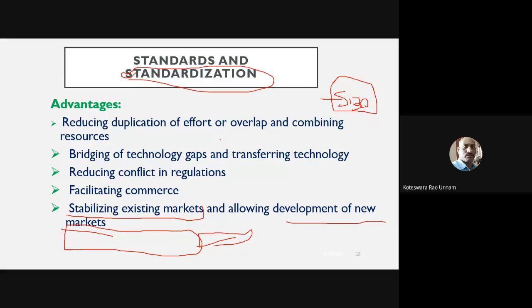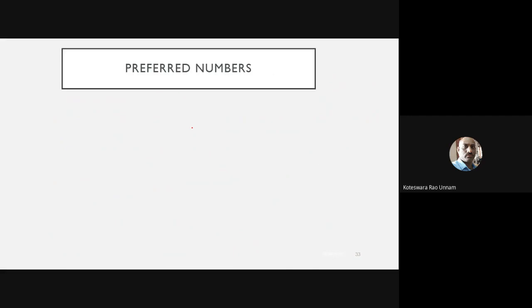Okay, so of course standardization and standards are not in our syllabus, but they are relevant to the next topic, that's why I included it here. So the next topic is preferred numbers. What are preferred numbers? Why will you use preferred numbers in the design?